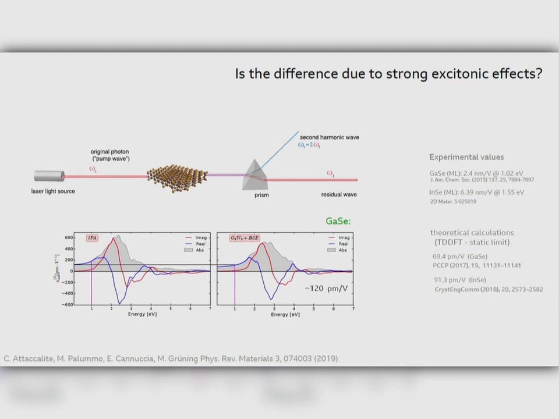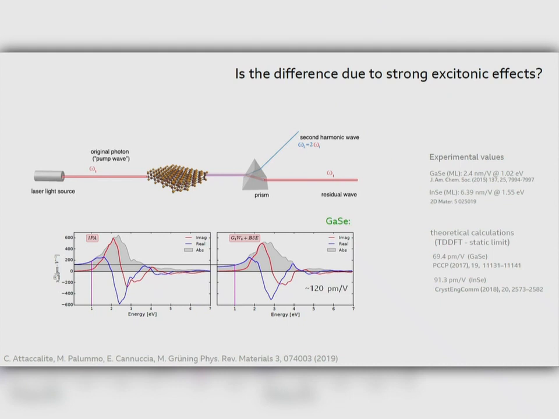So we used our approach to calculate the second harmonic intensity, both at the independent-particle level and in this full GW plus Bethe-Salpeter. For gallium selenide, we are not at an excitonic resonance at the frequency of the laser, and we do not observe any substantial difference between the spectra at the two levels of approximation.